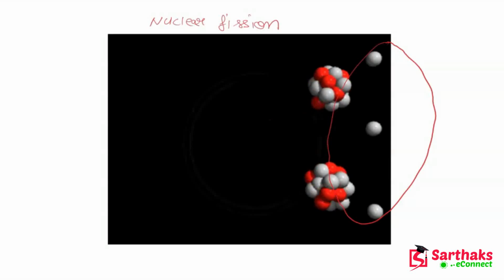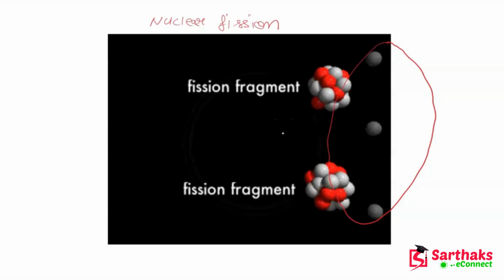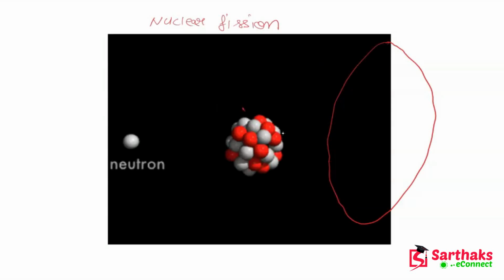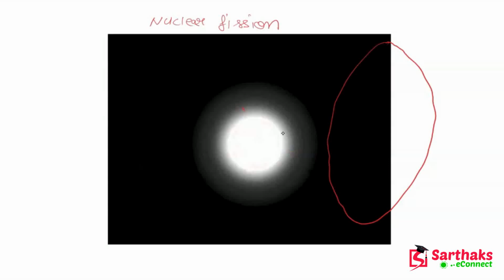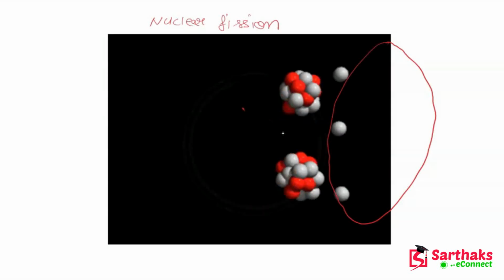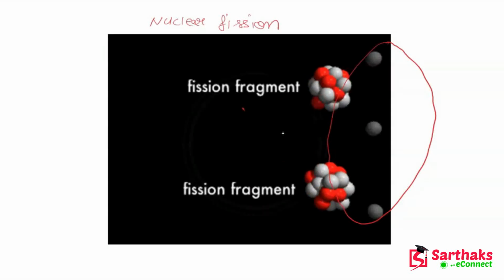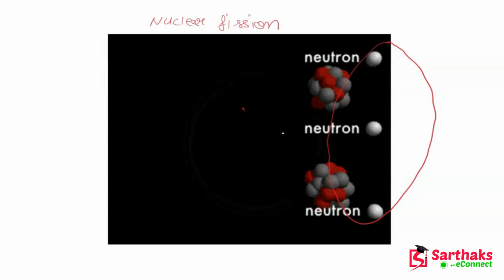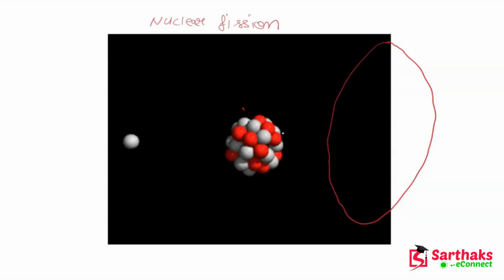Now guys, each time a neutron bombards this nucleus and splits it into two smaller nuclei, lots of energy is released.